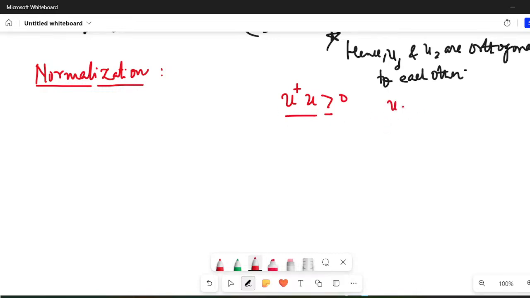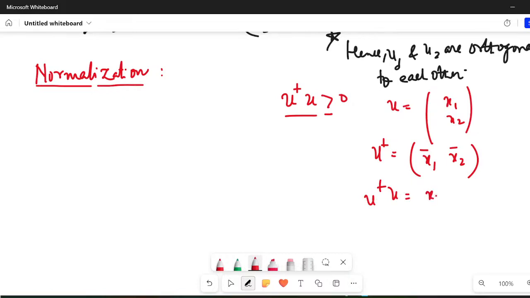Let's say this is your x1 and this is your x2. What would be U dagger? U dagger would be x1, x2 written as a row. I have to take a transpose, so this column vector becomes a row vector, and then you have to take a conjugate. So U dagger U would be x1 square plus x2 square, clearly greater than 0.